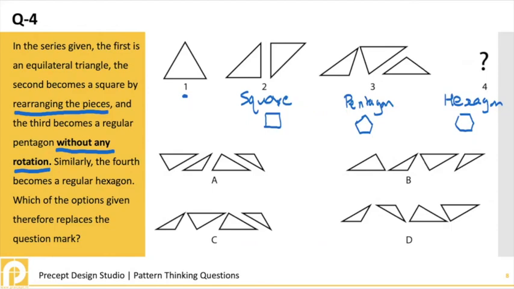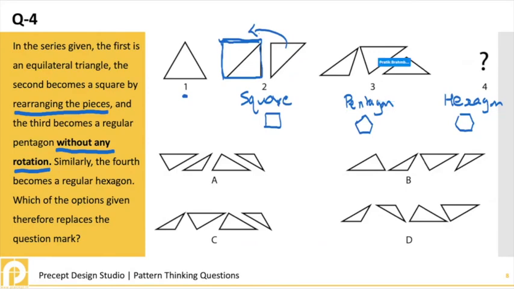The question then becomes, how does this figure come together to form a square? It comes together to form a square when the first part goes back in the front. It arranges itself here, and then it becomes a square. Next one, how does this become a pentagon?